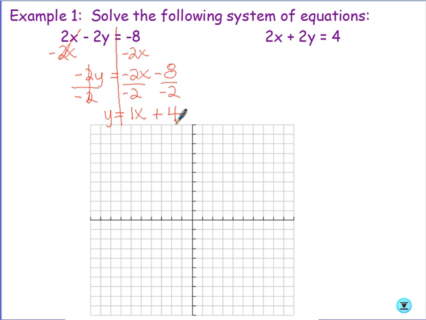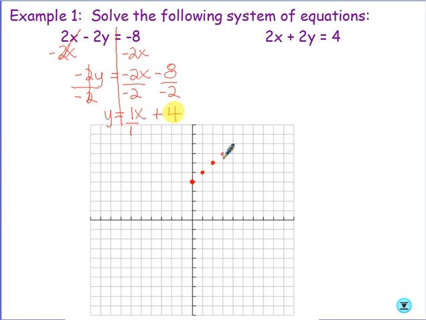I'm going to go ahead and graph that. My starting point is the 4. So I'm going to go up 1, 2, 3, 4, put a dot. My slope is 1 over 1. So I'm going to go up 1 and right 1. Up 1 and right 1.